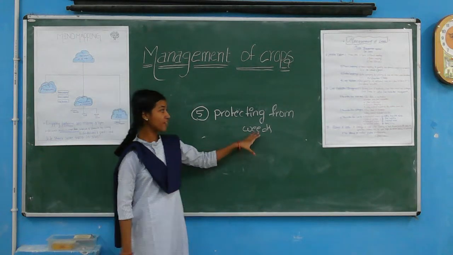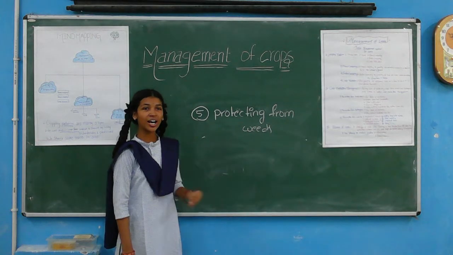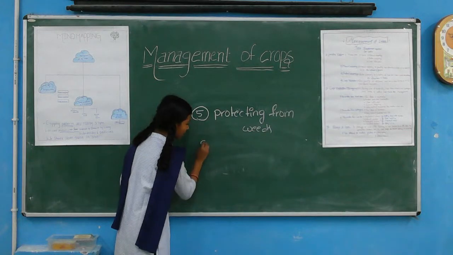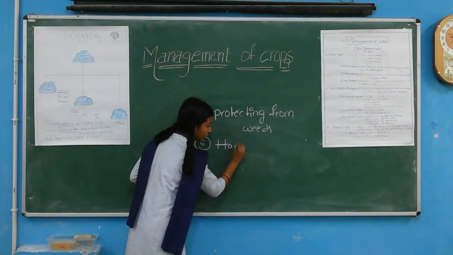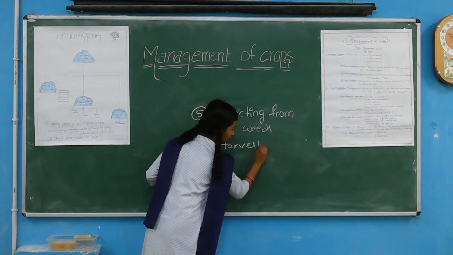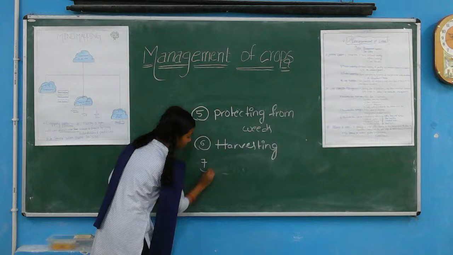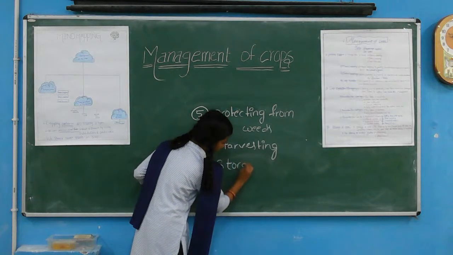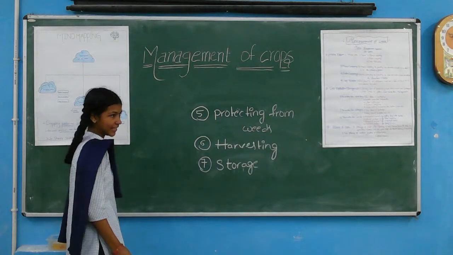We protect the plants from the waste plants. And the next one, harvesting. That means cutting of crop. And the last one, storage. These are the 7 agricultural practices.